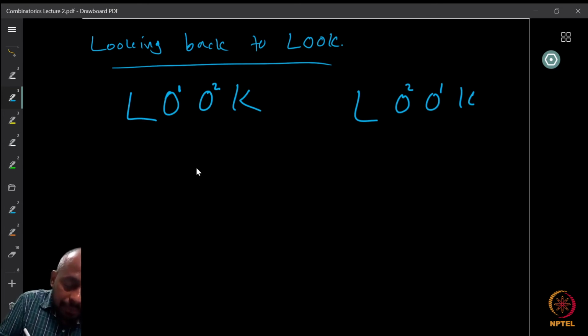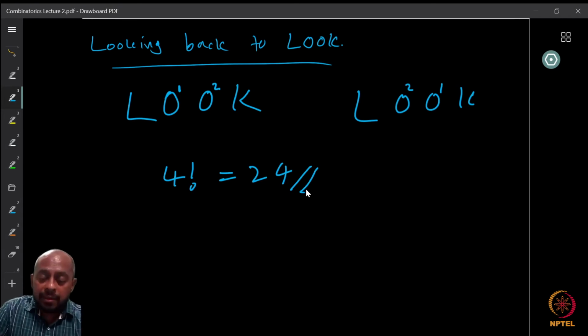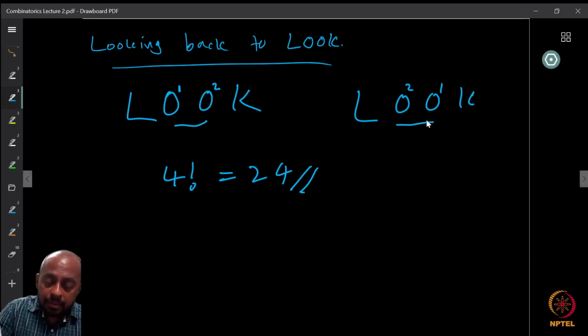There is going to be 4 factorial, which is equal to 24 different words with the new labeled O's, right? But now, what we observe is that when we remove the labels, this one and this one count to be the same, right? They give the same word.